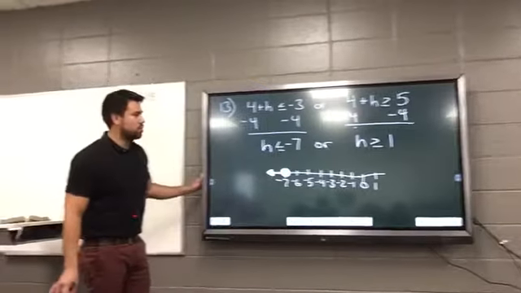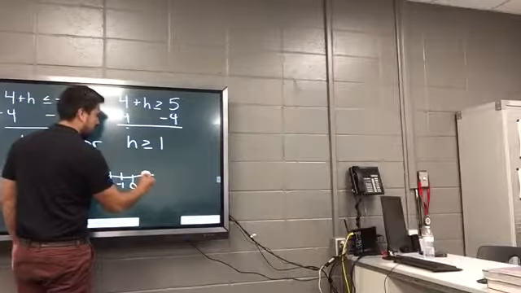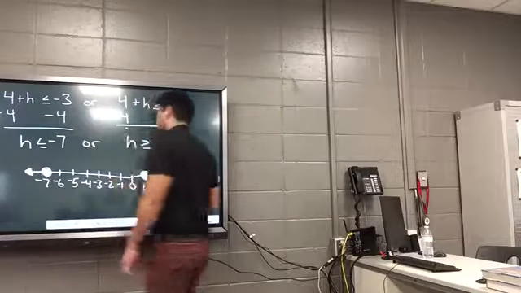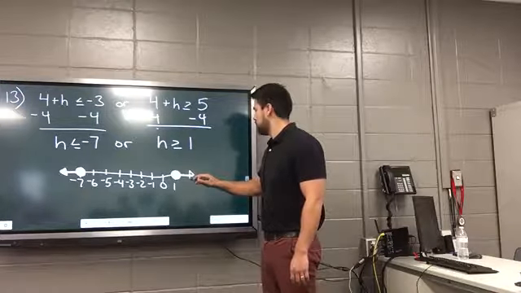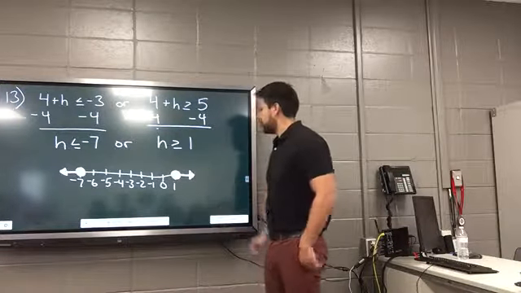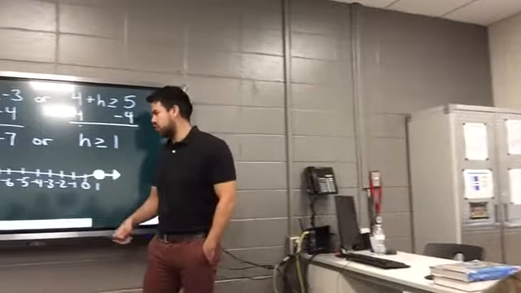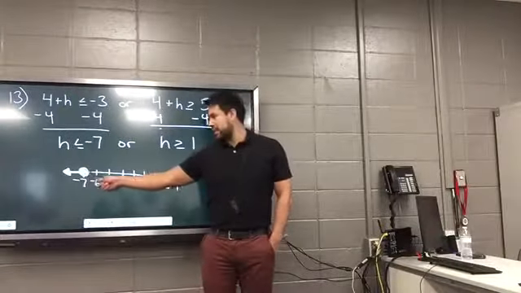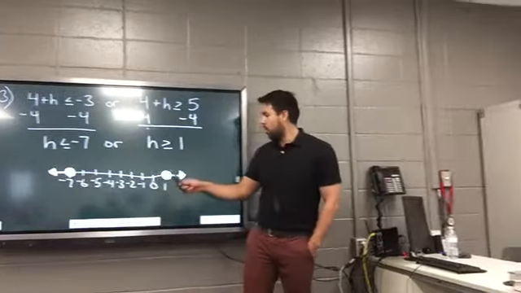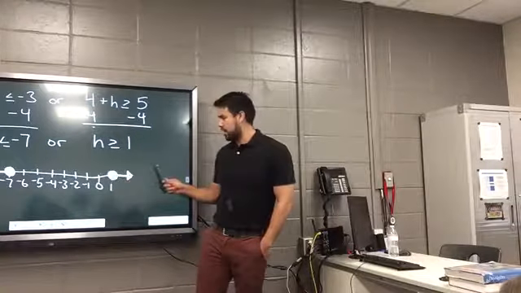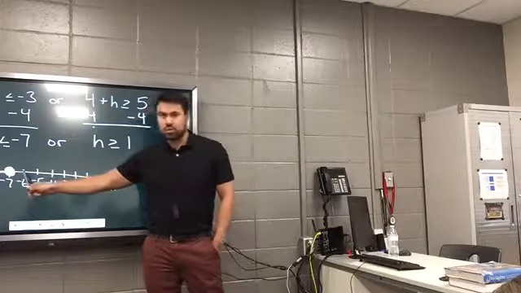Okay, what kind of circle goes on +1? Line going to the... Okay. So your solution would be any number that is less than or equal to -7 or greater than or equal to 1. What are not the solutions? Any numbers in between those two.